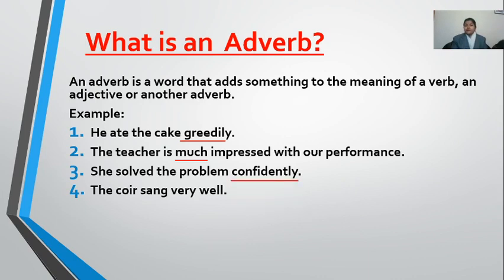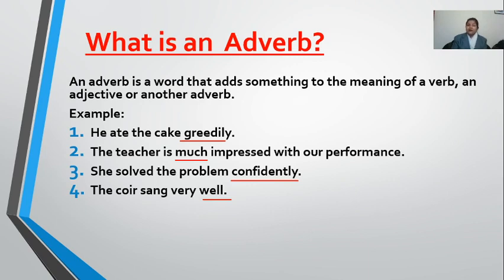The fourth sentence is, the choir sang very well. How the choir sang? Well. So well is my adverb. Now here in this sentence, my adverb is modified by another adverb also. Well is my adverb. How it is? Because it is telling me more about the action sang.